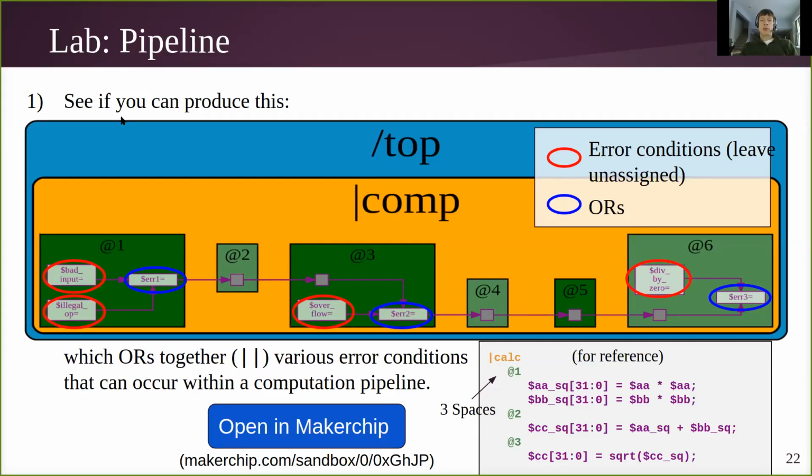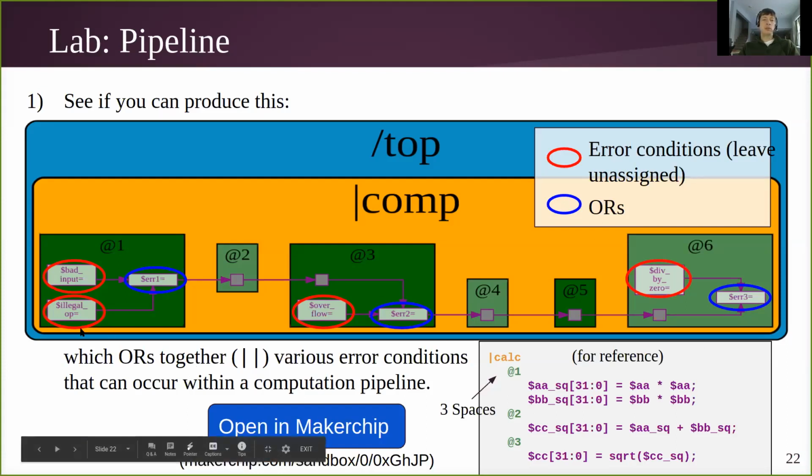So this example, just to set context for it, I'm assuming we have some pipeline computation like the Pythagoras' theorem computation. And that computation is resulting in a number of error conditions. So here I'm depicting bad input, illegal operation, overflow, divide by zero, whatever these conditions happen to be. We're not concerned with the actual computation.